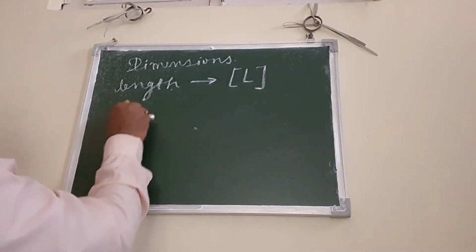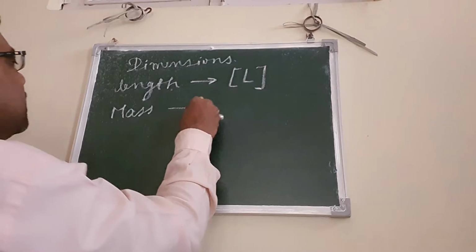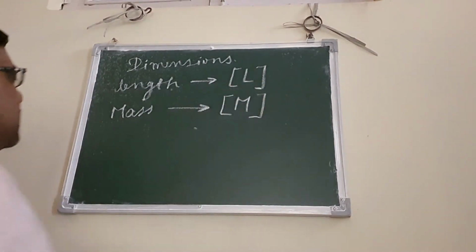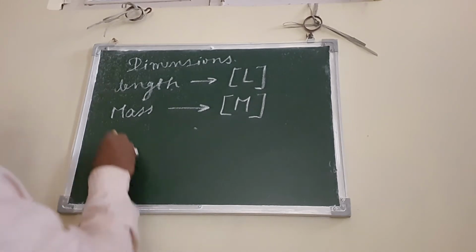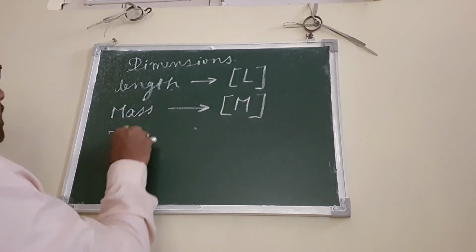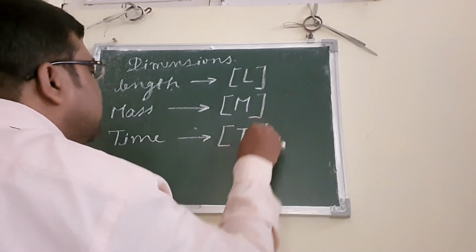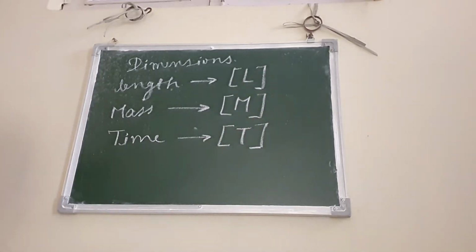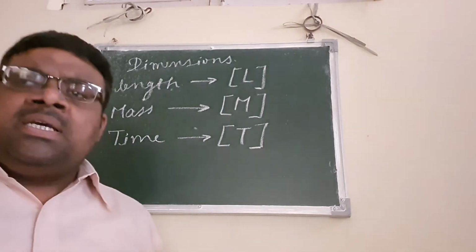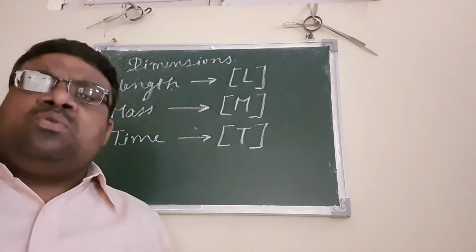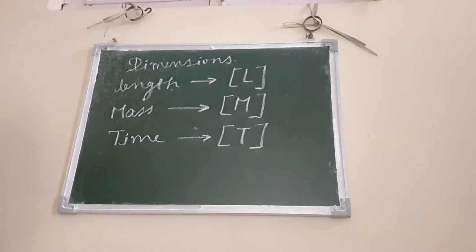Then mass, its dimension is capital M enclosed within a square bracket. Time, its dimension is capital T enclosed within a square bracket. So these are the three dimensions of the basic quantities that will be used here in this chapter.